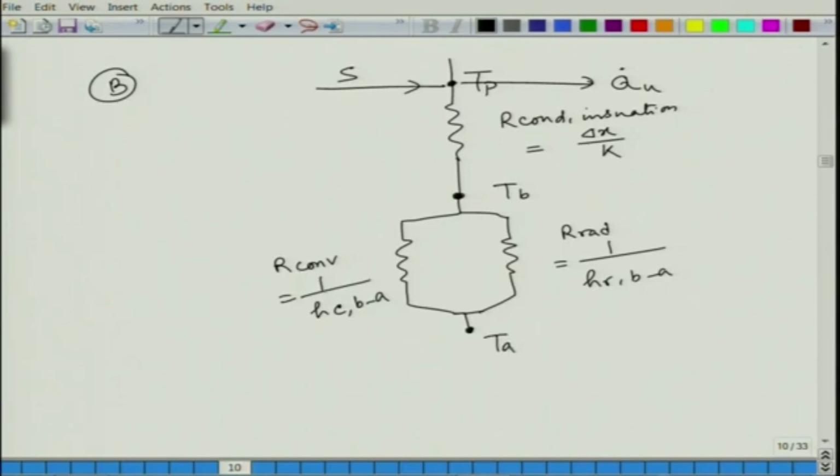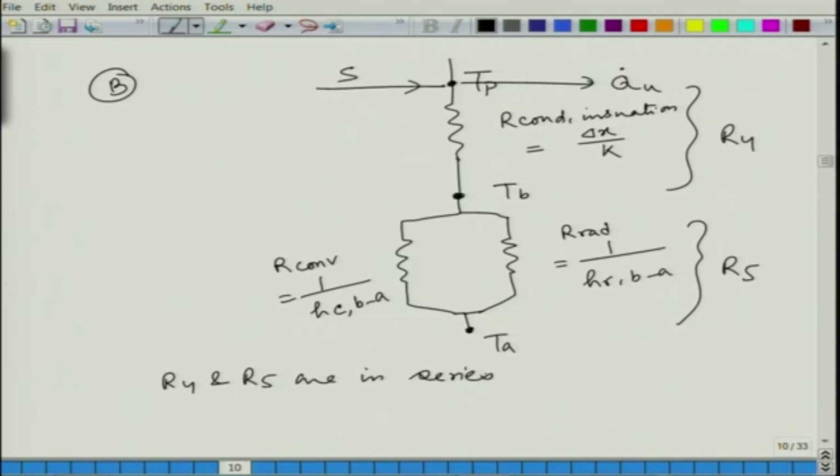So, for this whole thing, if this is R5 and this is R4, then R4 and R5 are in series, and the parts of R5 are in parallel.